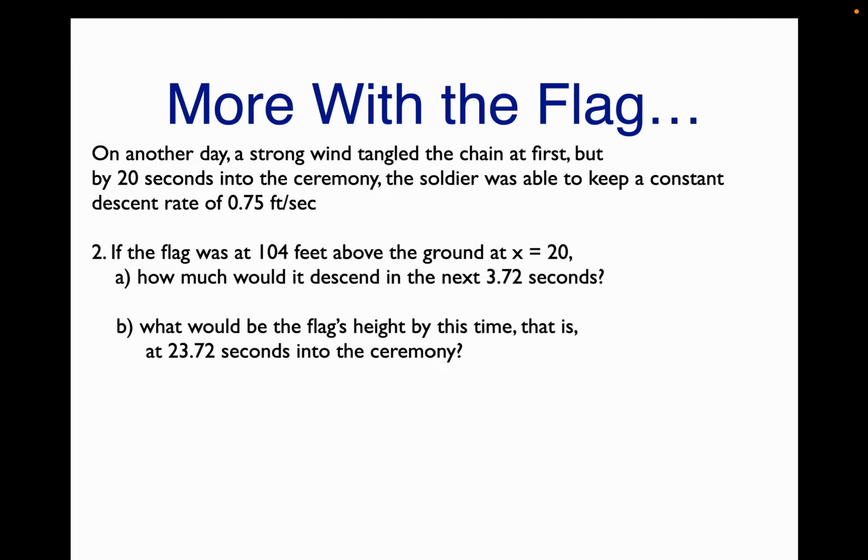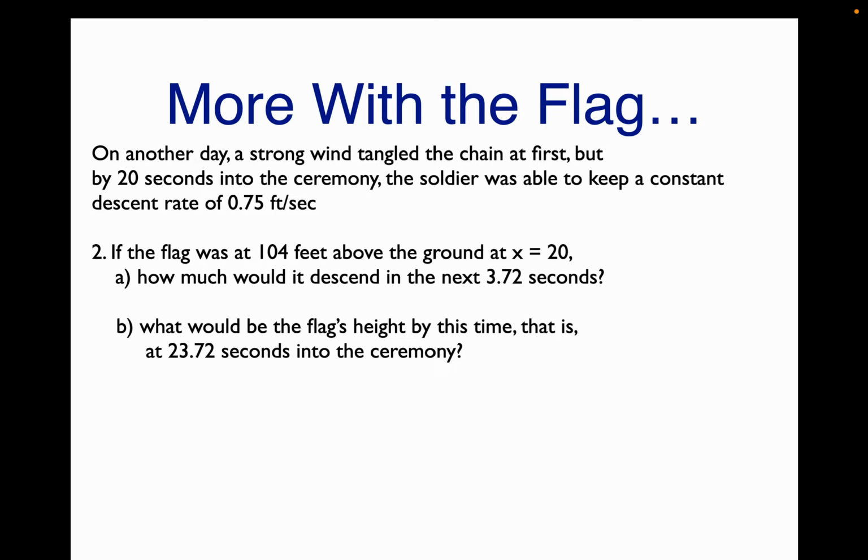Now, question B, what would the flag's height be by this time? There we go. That is at 23.72 seconds into the ceremony, which is almost extra information, but I know where the flag was at time 20.